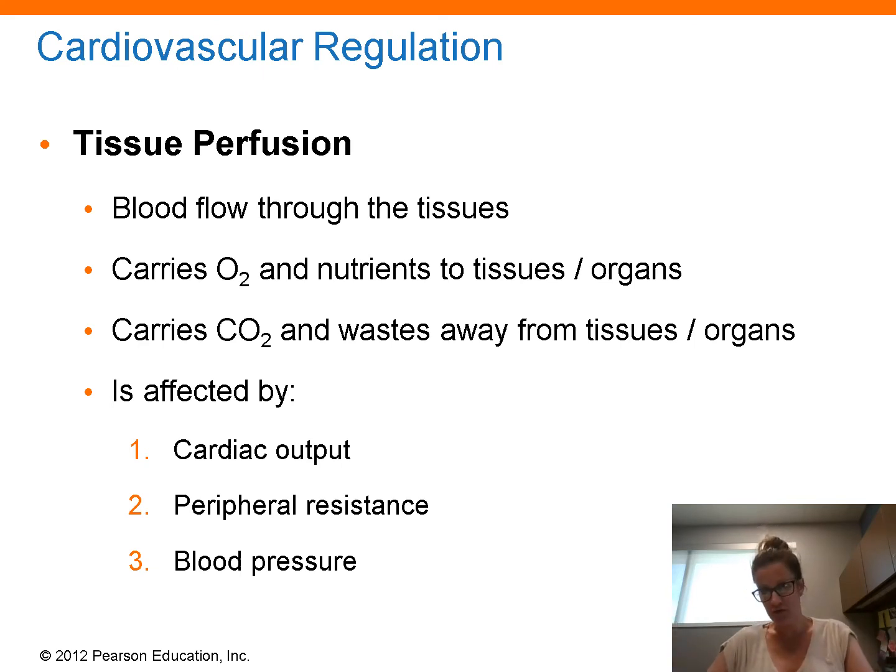Tissue perfusion, or how much blood is flowing through the tissues, is affected by cardiac output, so how much blood does your heart pump, peripheral resistance, so how hard is it for the blood to flow through the vessels, and blood pressure.